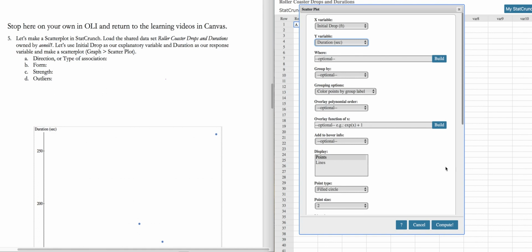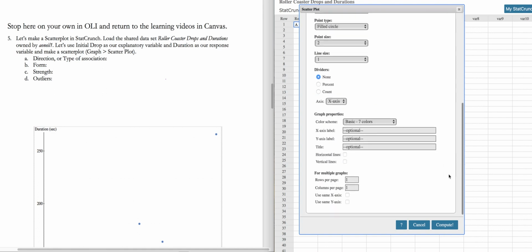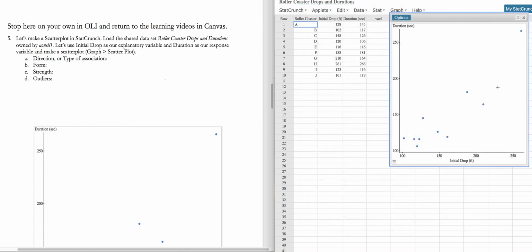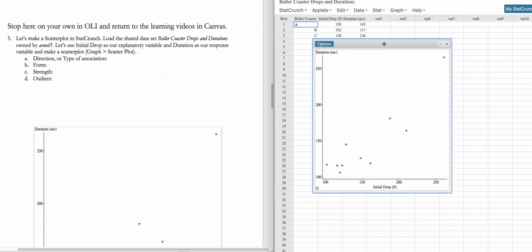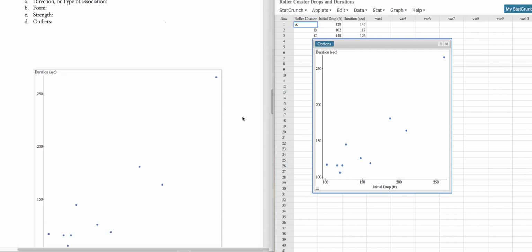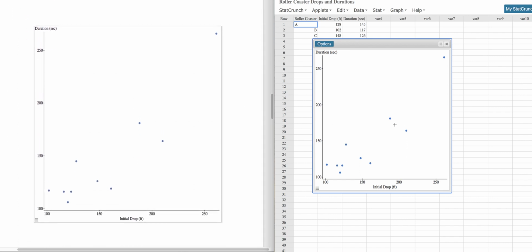We really don't need to worry about anything else on this page. Let's just click compute, and so now you've got that scatter diagram there in your StatCrunch screen. It is the same scatter diagram you have on your page here, just a little different scale.